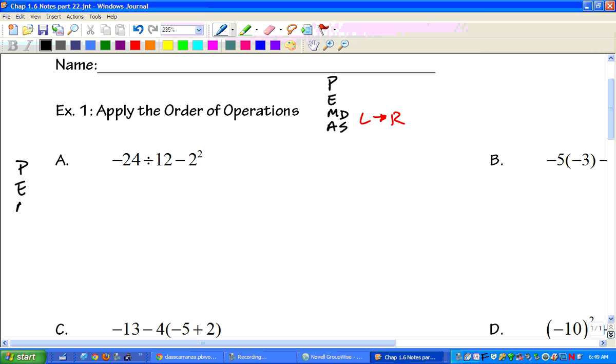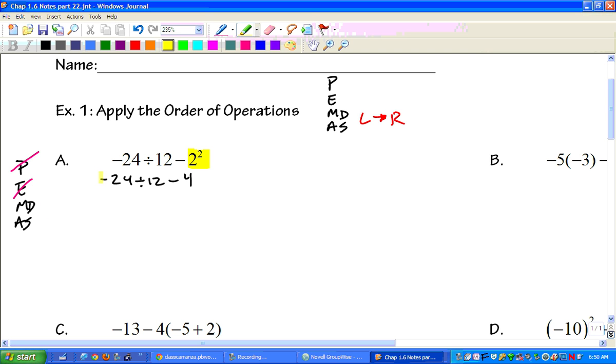So let's write the order of operations down. We do not have any parentheses, so we don't have to worry about it. I see exponents, so let's go ahead and do that. 2 squared gives you 4. All right, exponents are done.